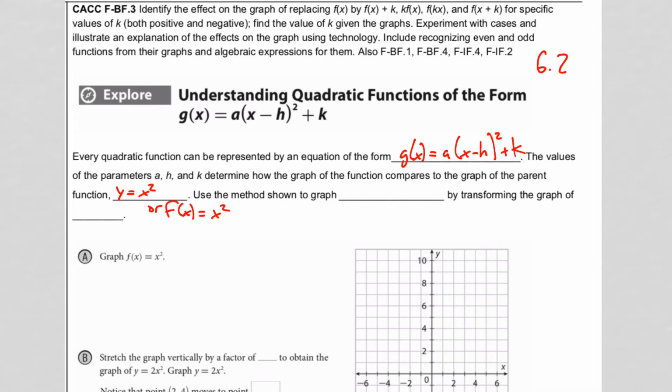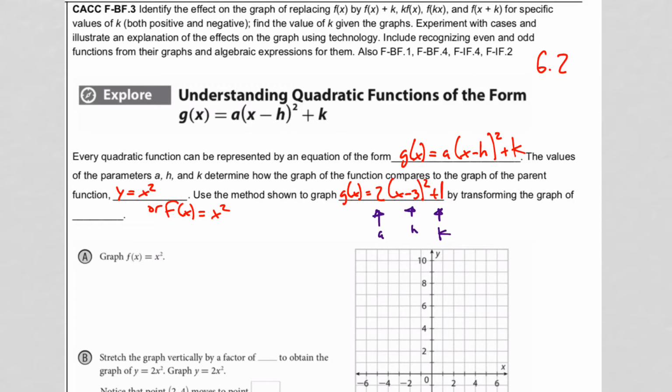Now use the method shown to graph. So we are going to graph the function g of x is equal to 2 times x minus 3 squared plus 1. And hopefully you remember from all the stuff we've done this week already, there is a, that is h, and that is k.